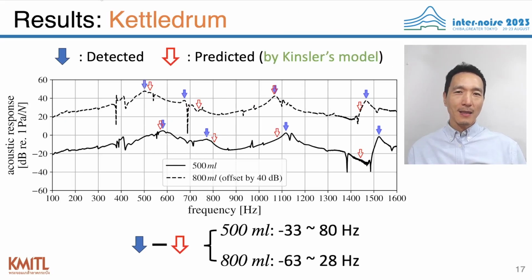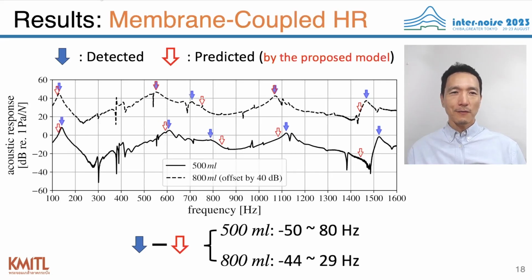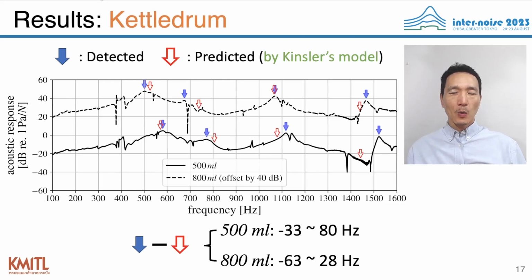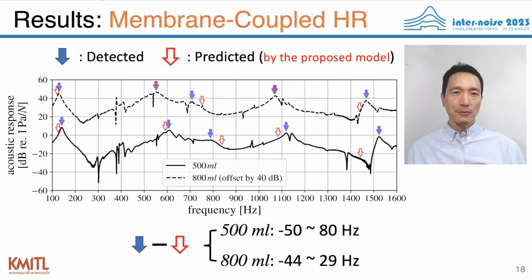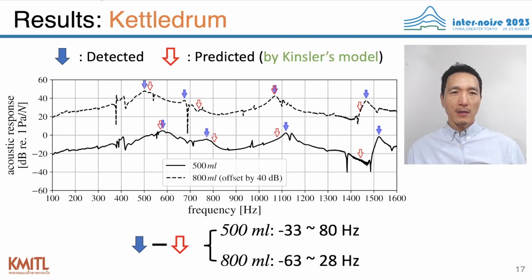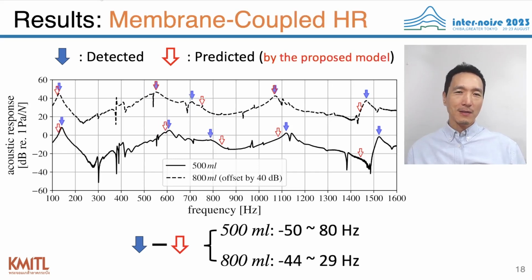And these are the results for the membrane-coupled Helmholtz resonator. And you can see that compared to the kettle drum case, the resonance frequencies are shifted even higher, which is more prominent for the first 2 modes, where the extent of the shift is not very clear for the resonance frequencies above 1000 Hz.